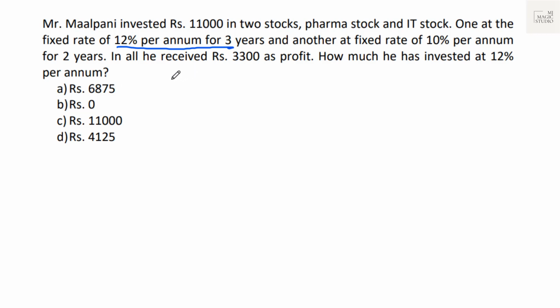So on the first one, rupees X, 36% is the gain. So 36x by 100 plus on the second one 20% gain, 20y by 100 equals the overall gain. In all he received 3300 as profit, and we know x plus y equals 11,000.